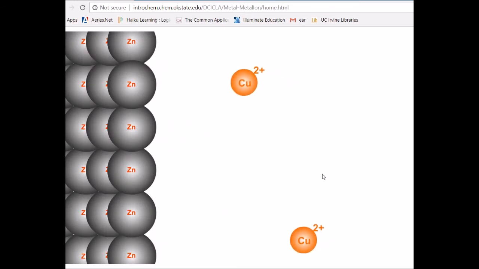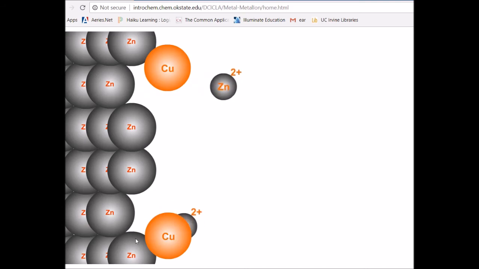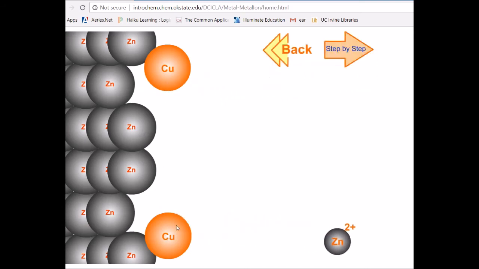So here I'm going back to the copper and zinc model. This reaction does occur, but it doesn't occur with 100% of the collisions. So we have to imagine that perhaps many of the copper ions simply bounce off the zinc surface. The ones that do react, those are the ones we care about, but it won't be 100% of the time.